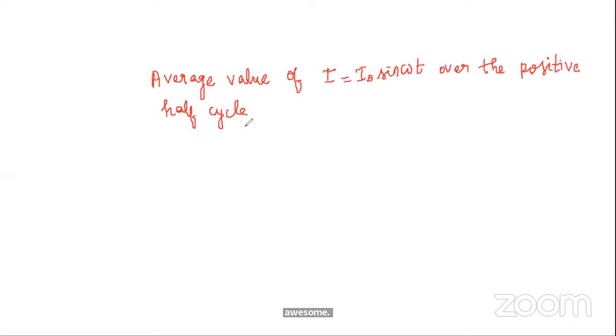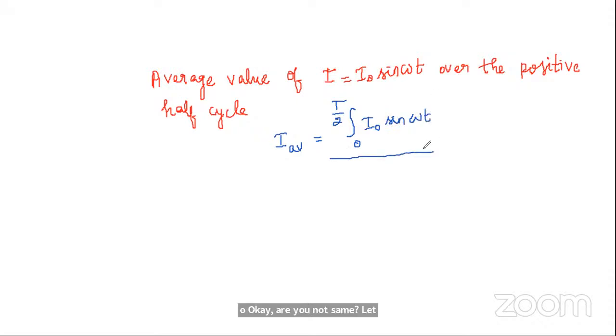For that I need to use the equation: I average is equal to integral 0 to T by 2 of I naught sin omega t, whole divided by integral 0 to T by 2 dt. Do you know why we are using the limit 0 to T by 2?